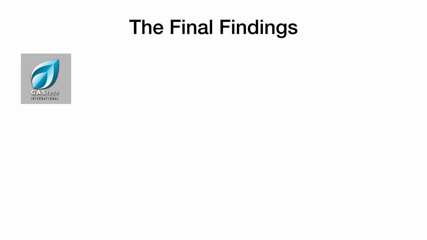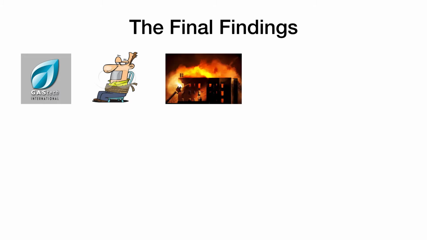So I will not show you the details of the data, but this is the final findings, or the answer to the challenge. There's a company called Gas Tech International, and a kidnap happened there. And there's also a fire in the city, and the apartment on fire is actually called Blue Dolphin, as we saw a little bit early on.